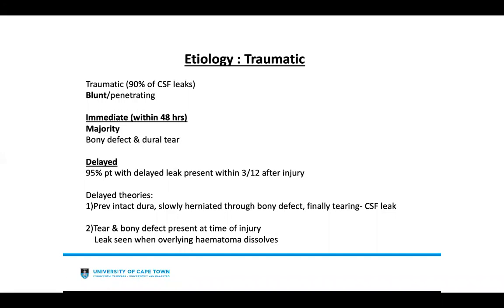Finally, it resulted in a tear, and that is then when you see the CSF leak. The other theory is that the tear and the bony defect are actually there at the time of injury, but the leak only really becomes evident when that overlying hematoma, which is covering it, begins to dissolve.